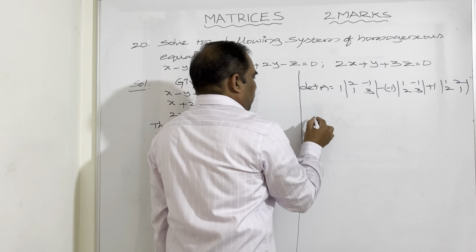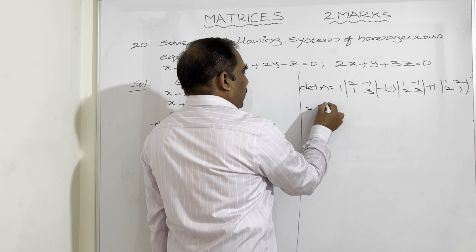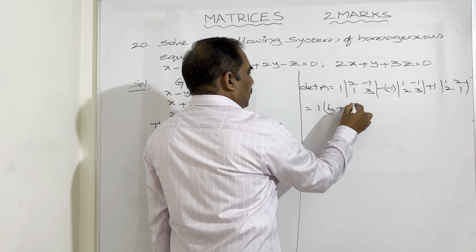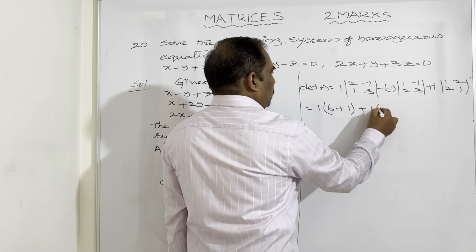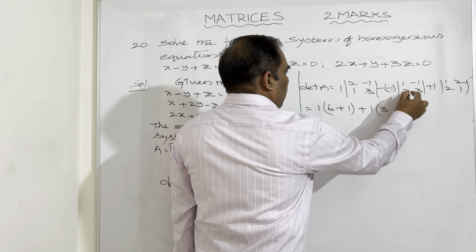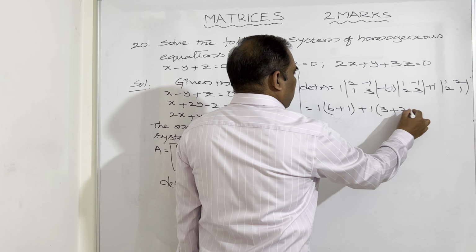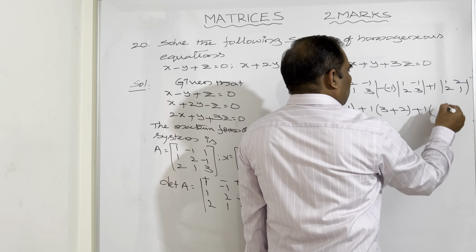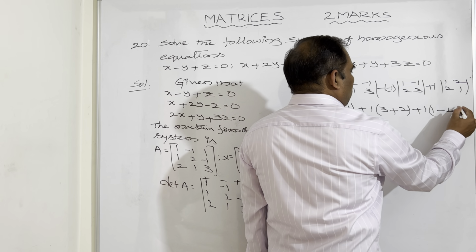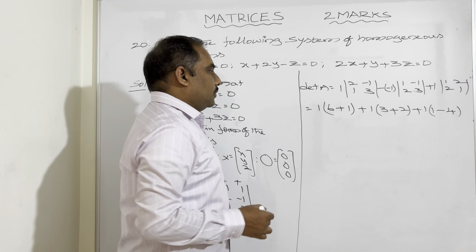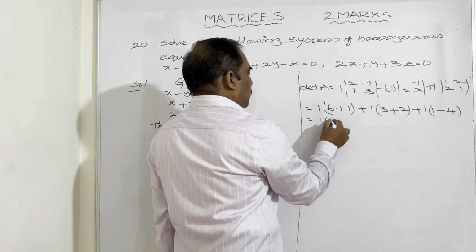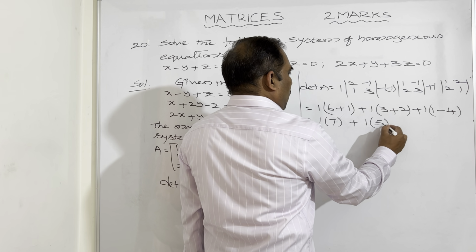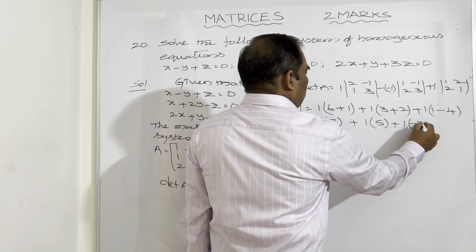Now finding the determinants: 1 into 6 plus 1, plus 1 into 3 minus of minus 2, that is plus 2, and plus 1 into 1 minus 2 into 2, which is minus 3. So we get 1 into 7 plus 1 into 5 plus 1 into minus 3.